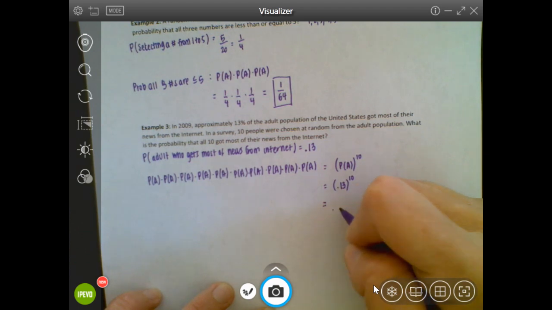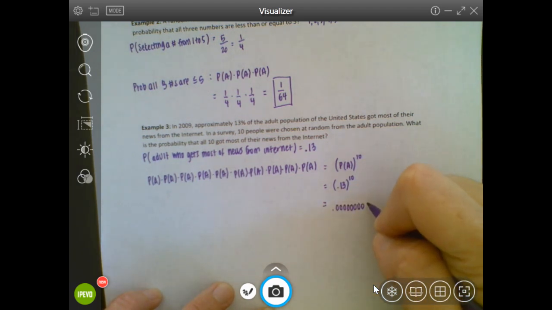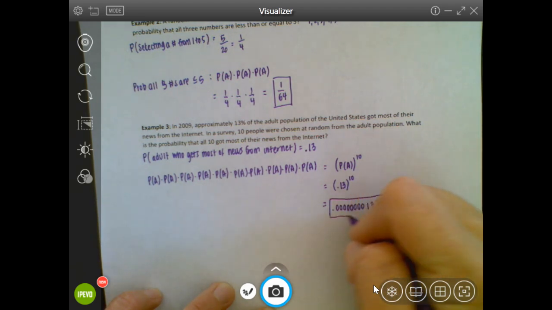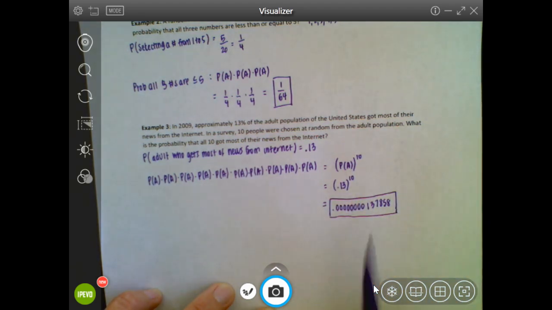I believe you get 0.000000002 and so on, with about 8 zeros and then 1, 3, 7, 8, 5, 8. So the probability that 10 people chosen at random all got most of their news from the internet would be about this. Let us know if you have any questions on anything, and good luck on your homework.